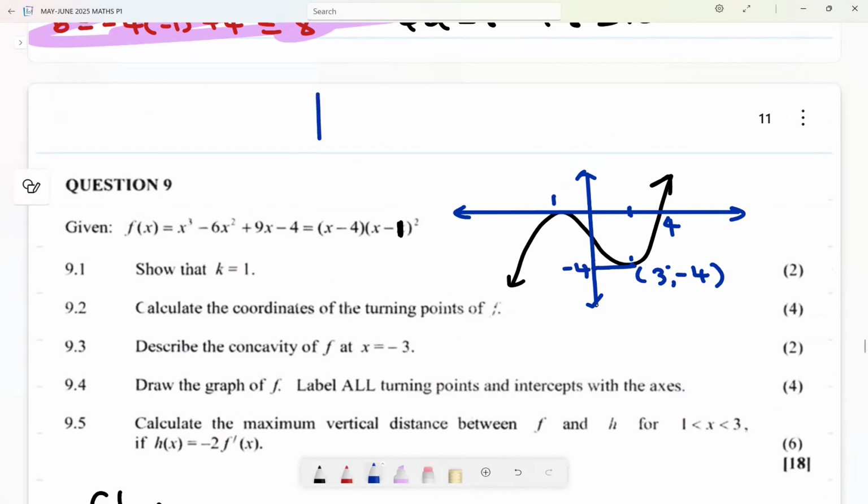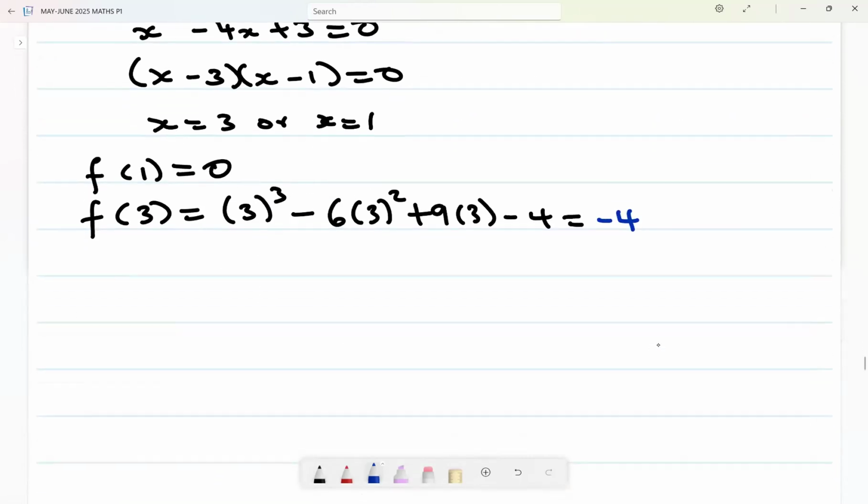So if I were to redraw the graph again, it's supposed to look like this. And it does not make sense. Let me repeat the process again. 9, 18, 27 minus 4.